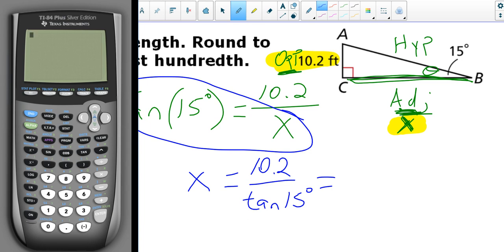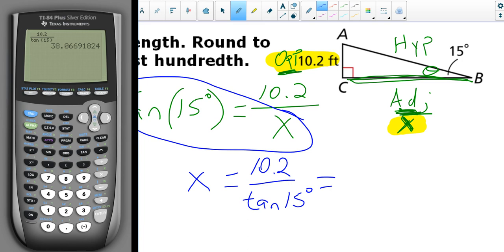If you want to make it look like a fraction, you can do alpha y equals, enter, and you can type it in just like it looks, 10.2 divided by, and you notice here there is a tangent button that we can press, so we type in the tangent of 15. Close your parenthesis, press enter, and we get 38.0669.